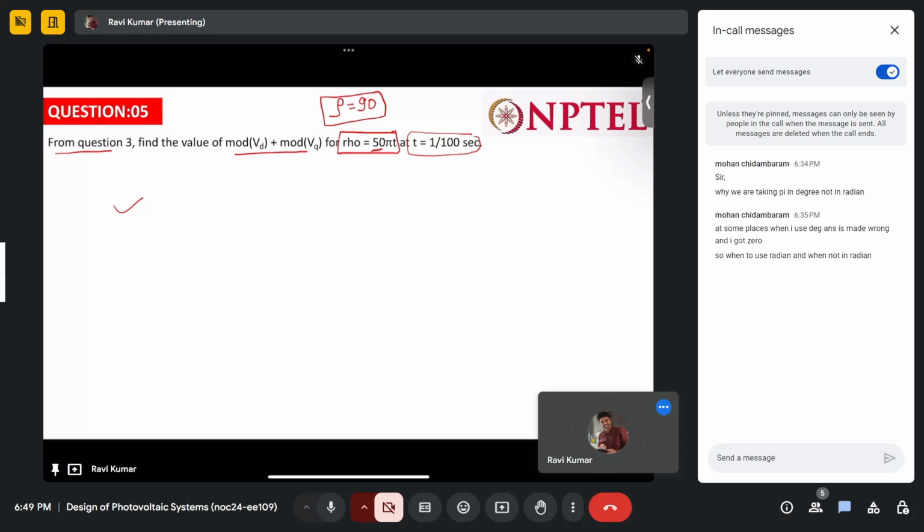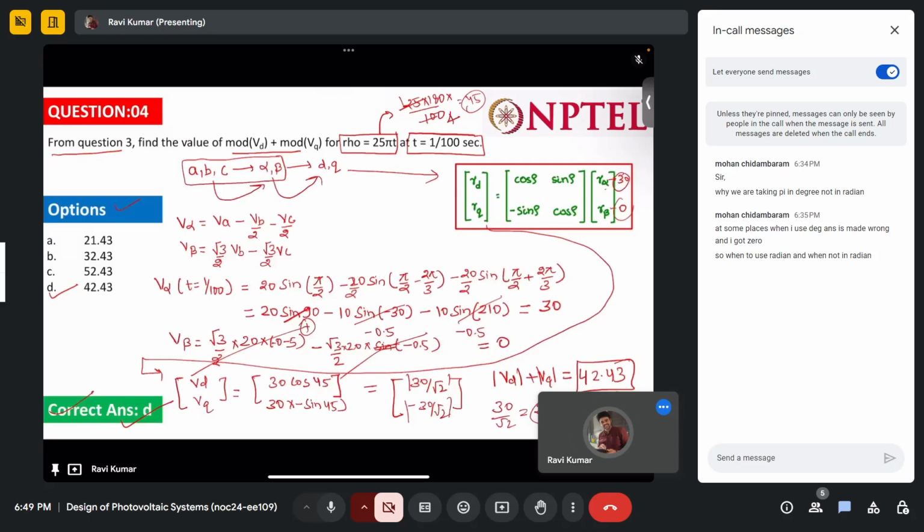Here we were getting 30 and 0, it is already known. So this 30 and 0 will be the same because t is the same. So here we are just changing rho. This rho will affect this cos value and sine value.